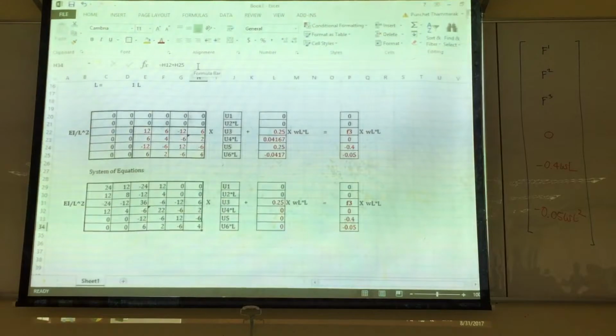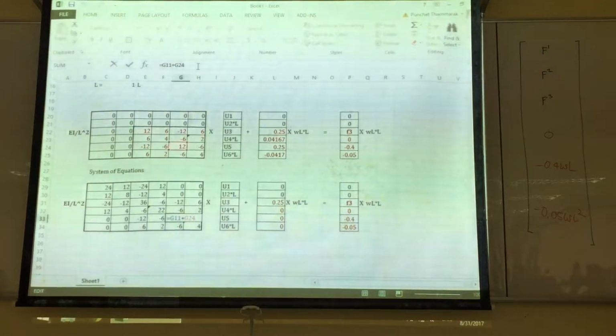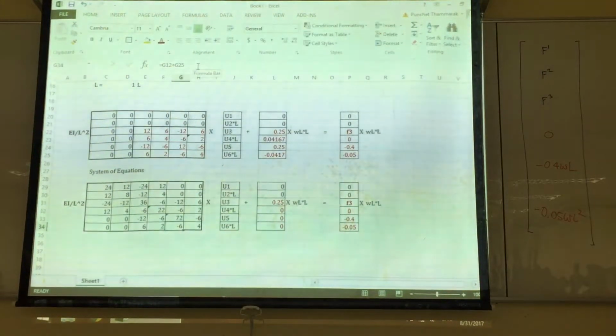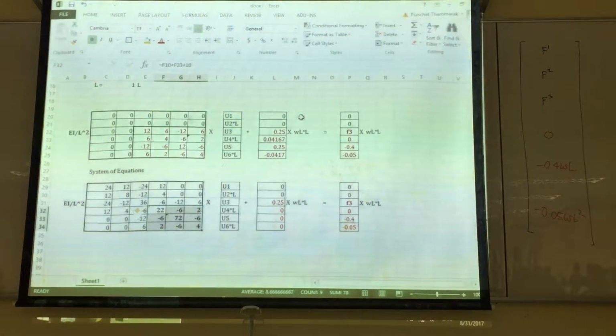Get 22 there. And degree of freedom number 5, that you have the vertical spring of 60. Okay, 72. Essentially, if you look at these 3.